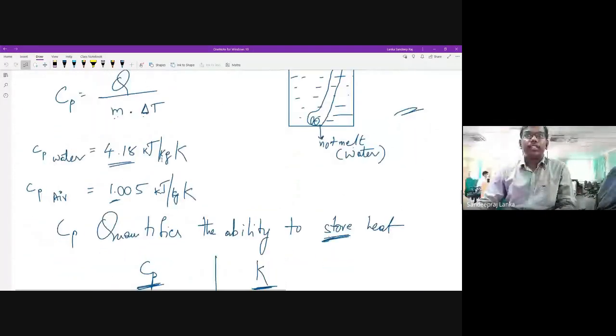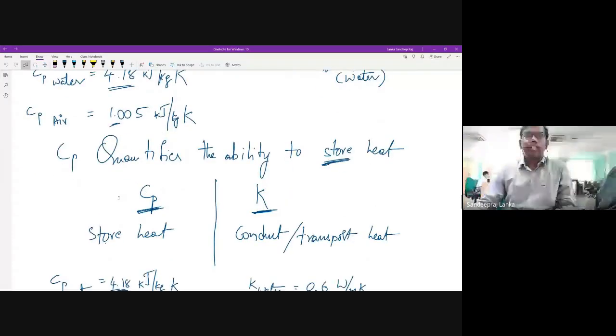We have seen the difference between the CP and K, that is, specific heat and thermal conductivity. The major takeaway is this: CP is the ability to store heat and K is the ability to conduct or transport heat. So this is the major difference between your CP and K that we have seen.